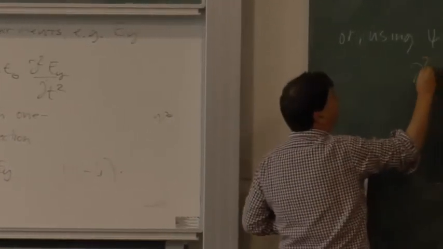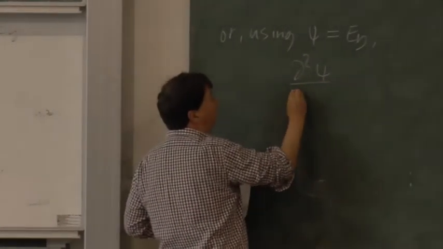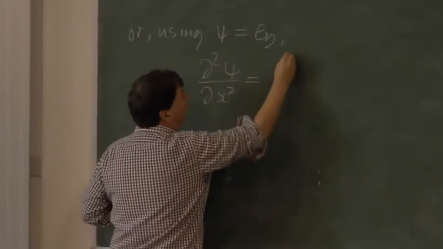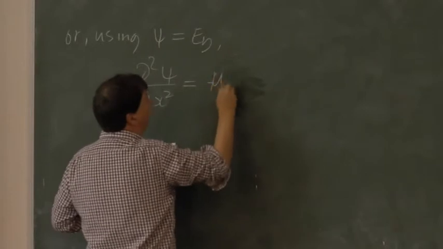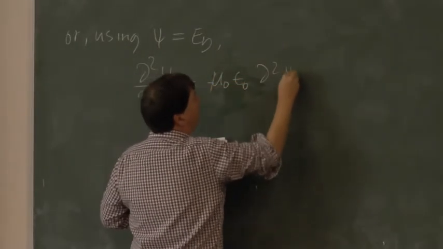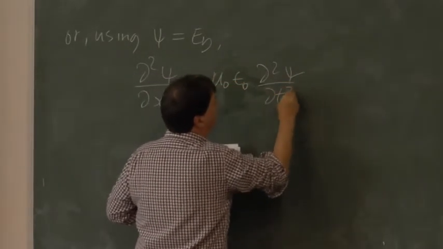We've got an equation of the form d2 psi by dx squared is mu naught epsilon naught d2 psi by dt squared.